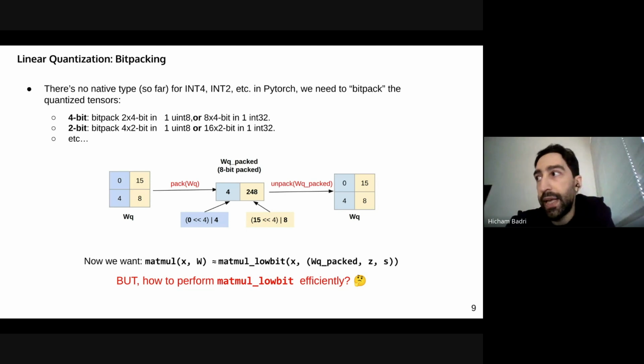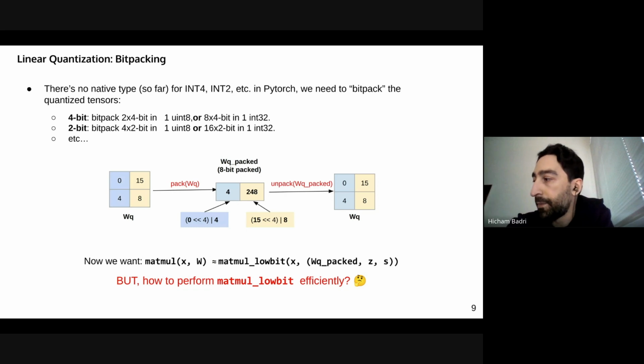So what you can do is store two 4-bit elements in one single 8-bit torch element, for example. Or you could use int32, and in this situation, you could put 8 4-bit elements in one single int32.